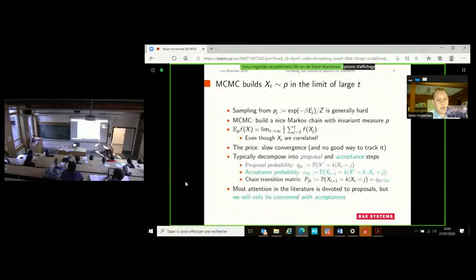The usual way these algorithms are structured is to decompose them into proposal and acceptance steps. You propose some new state with some probability, and you accept that with some other probability or stay where you are. That decomposition implies a particular form for the chain matrix. Most of the time people are focused on proposals; we're only going to worry about acceptances in this talk.